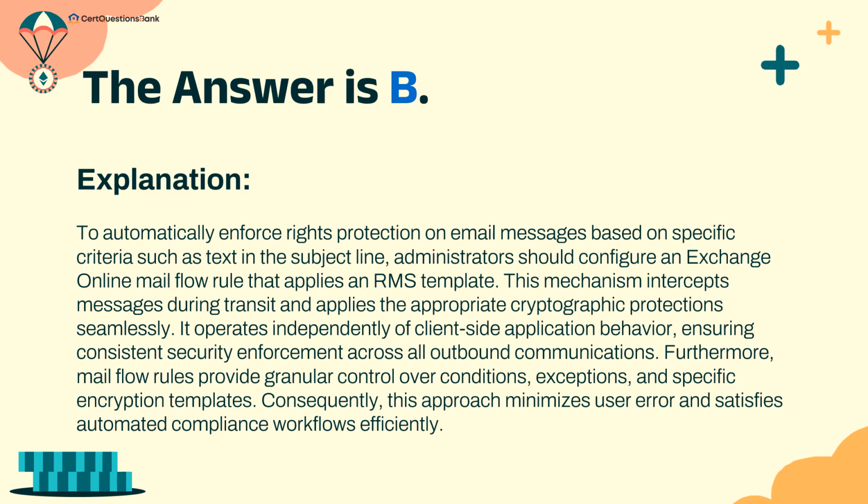It operates independently of client-side application behavior, ensuring consistent security enforcement across all outbound communications. Furthermore, mail flow rules provide granular control over conditions, exceptions, and specific encryption templates. Consequently, this approach minimizes user error and satisfies automated compliance workflows efficiently.